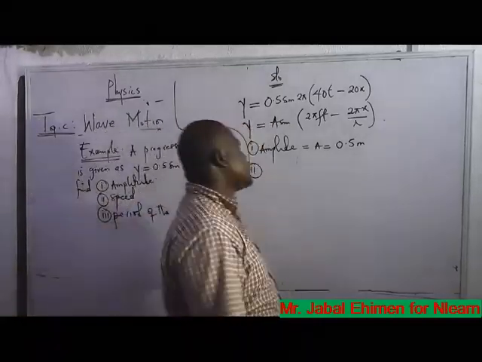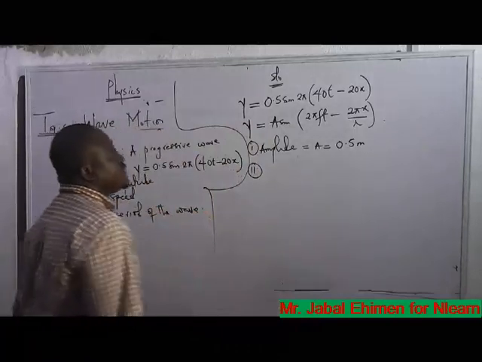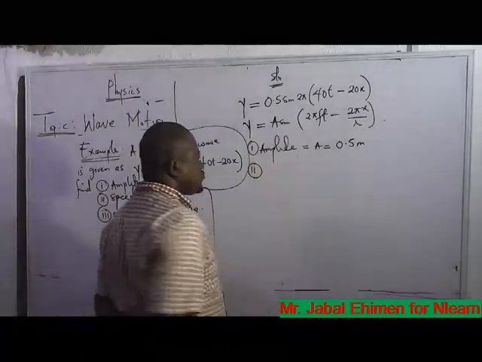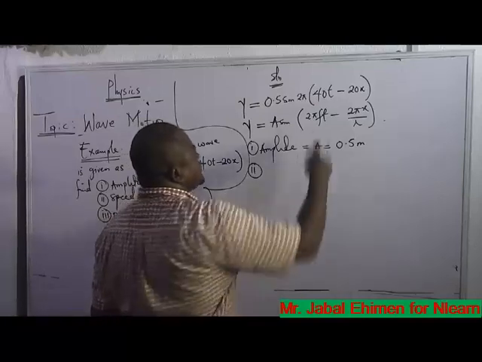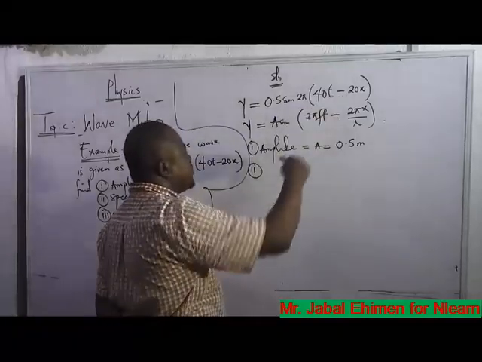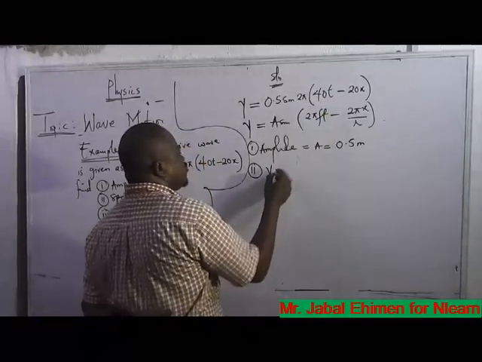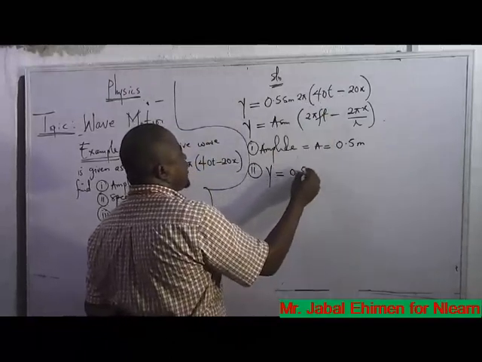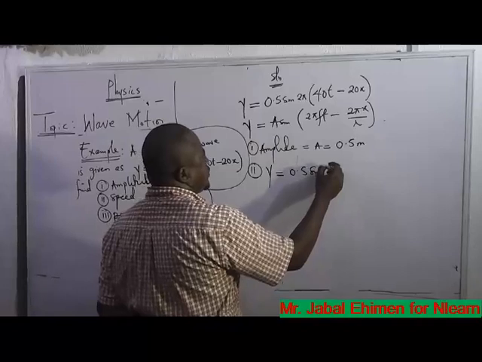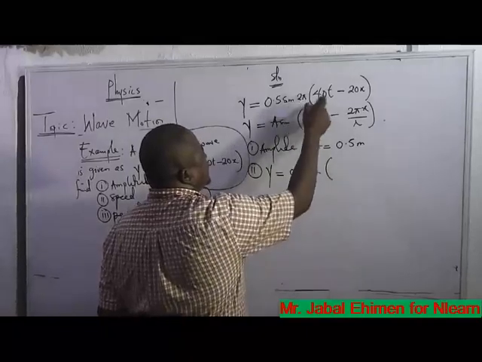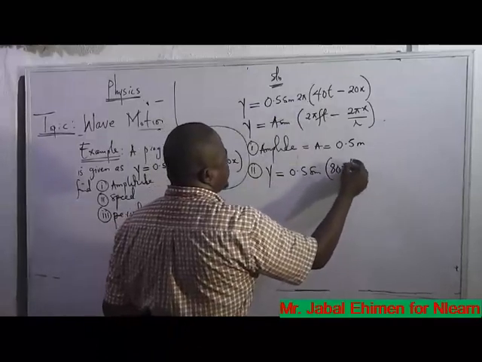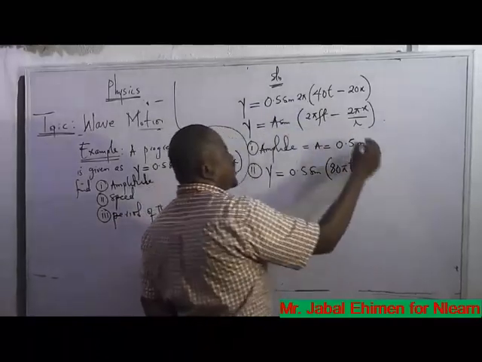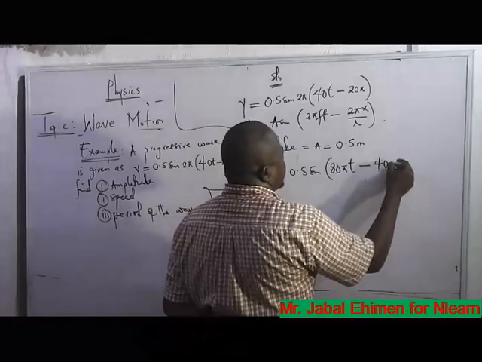So the second question is simple. If you look at this comparison, the first thing I'm going to do is open the bracket so that I change it to 0.5 sine 2 pi times, that will give me 80 pi t minus, times that will give me 40 pi x.